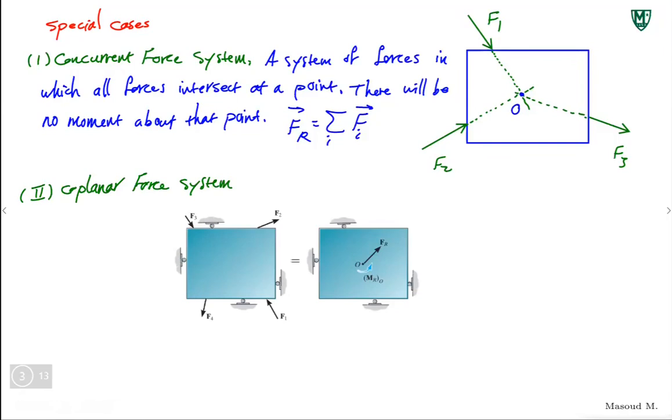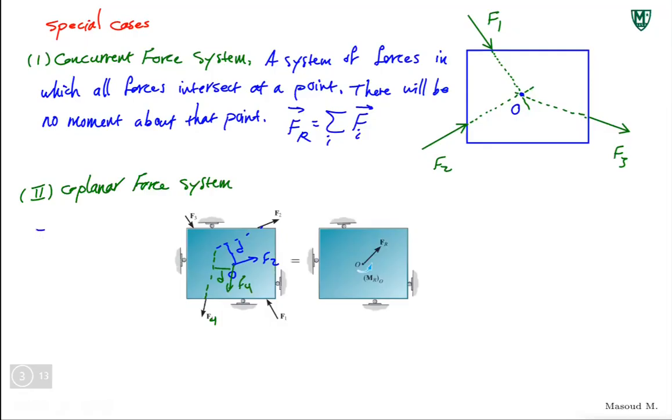If point O is here, this force, F2, has to be moved here. So this distance is the distance we need to know to find the moment this force creates because of that moving. And then this force, F4, has some distance. As long as we know this distance, once we put F4 here, we can also find the moment it creates, and do the same thing for F1 and F3.